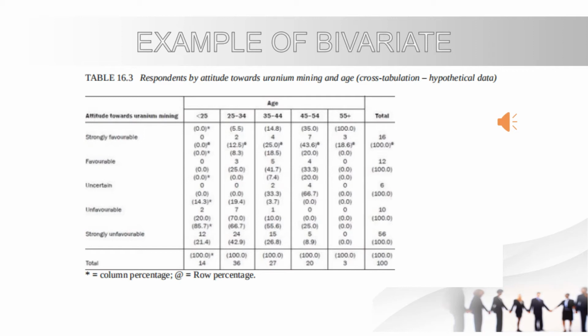So this is an example of bivariate, meaning you have two variables: the uranium mining versus the age.